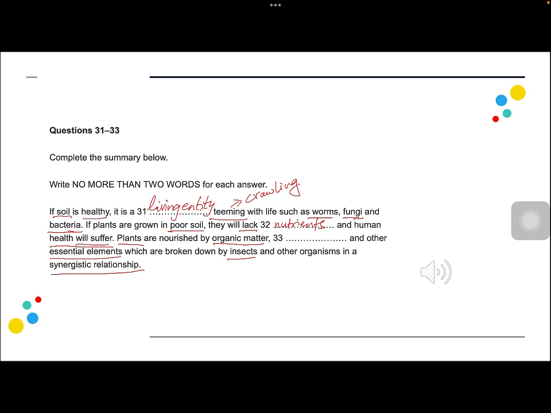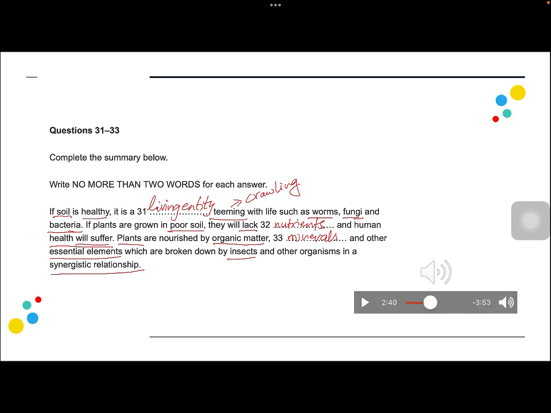Some nutrients are made up of minerals from the earth, while others come from dead plant and animal matter, which is broken down over time by the living insects and other organisms in the soil. Plants depend on these little living creatures to convert minerals and other vital elements into a utilizable form that can be taken up by the plants. And it's a synergistic relationship. In turn, the plants assist those helpful organisms by releasing sugars and enzymes back into the soil. Before I go any further, let's take a look at the structure.